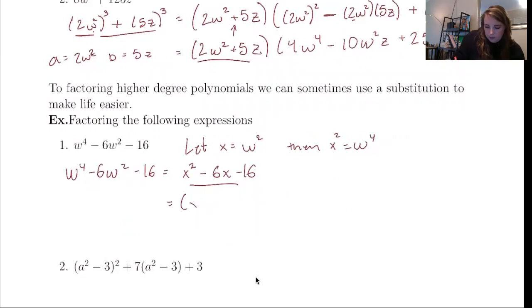Right, so what would it be? X, who would get the negative, the 8 or the 2? 8 minus 2 is 6, yeah. Negative 8 plus 2 will give me negative 6. Okay, cool. Great, but I'm not done yet.